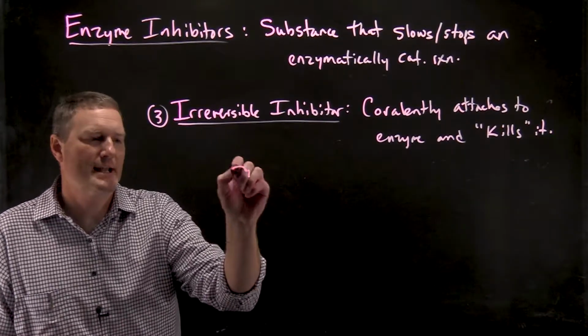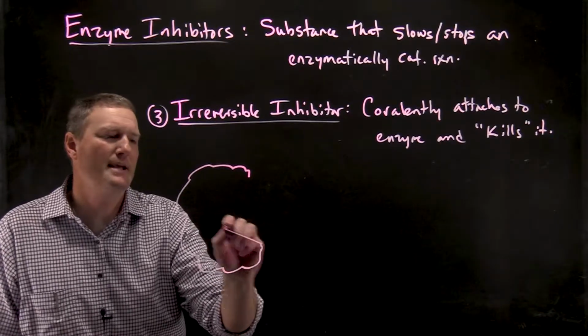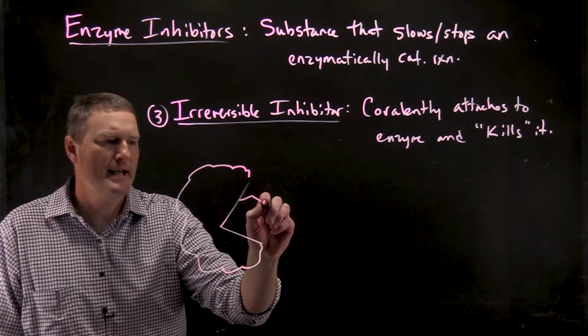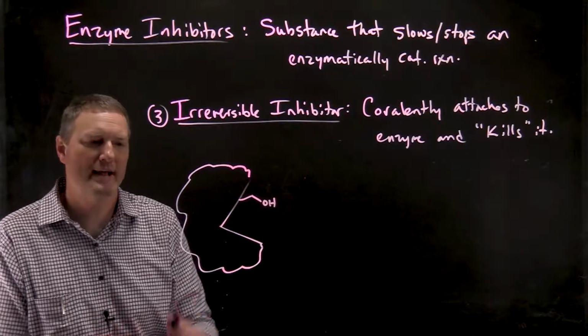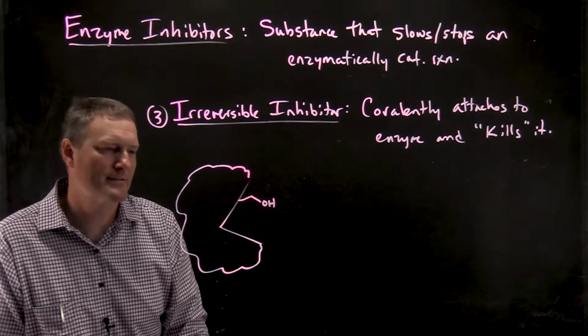So let's look at an example here. So here's my enzyme, here's my active site. Let's say I have a serine hydroxyl that's really important for catalysis, or it's sitting right there in the active site.